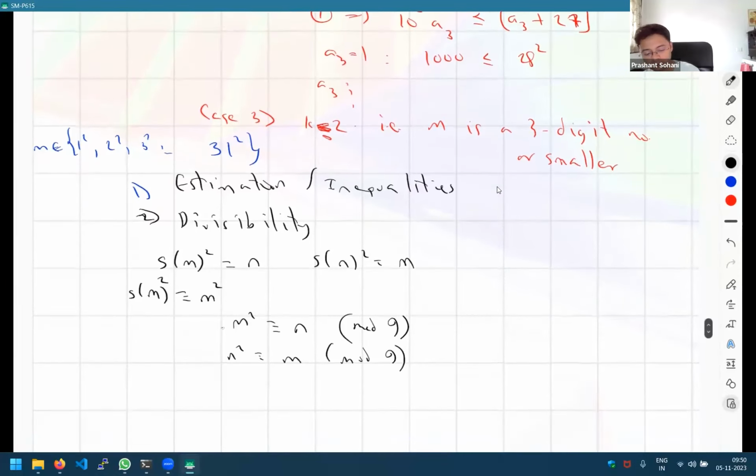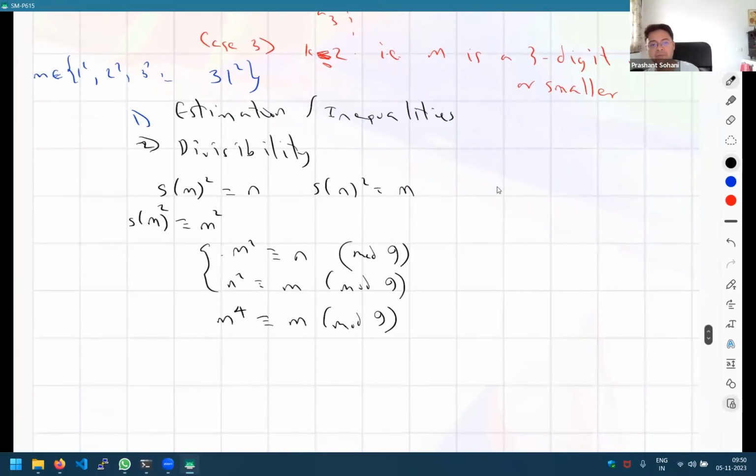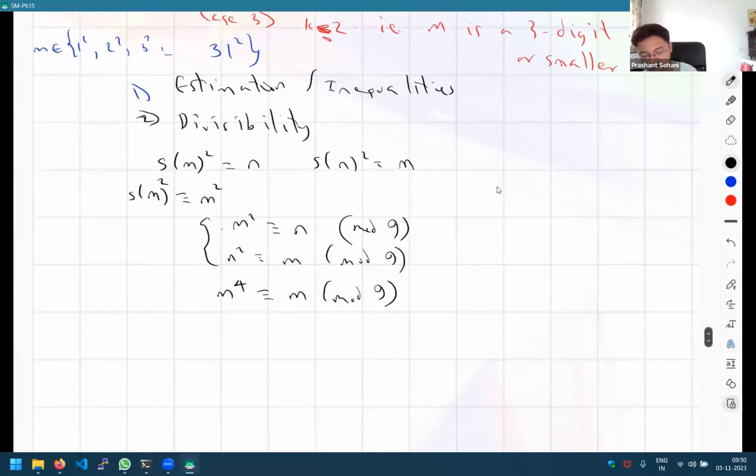If I substitute n from the first equation into the second, I get m raised to 4 is congruent to m mod 9. And so there are only a finite number of remainders of m which will give me this property, if I just list out all the remainders mod 9.